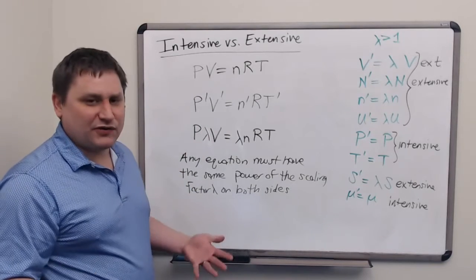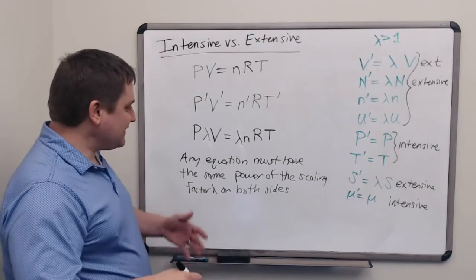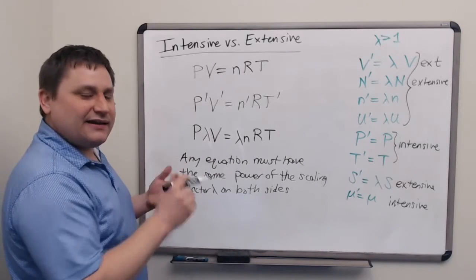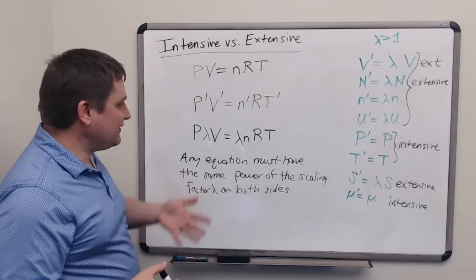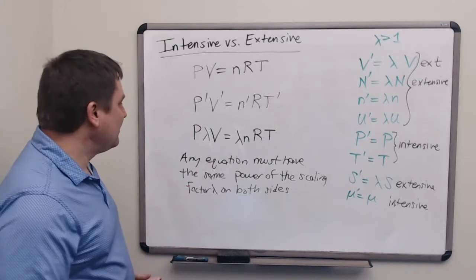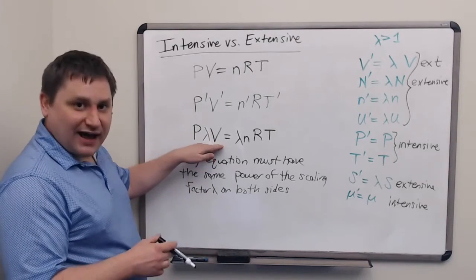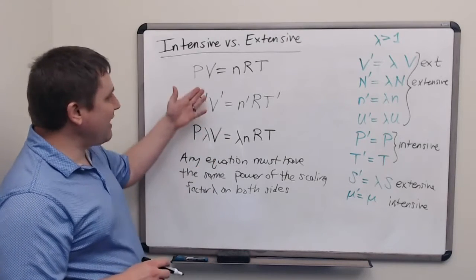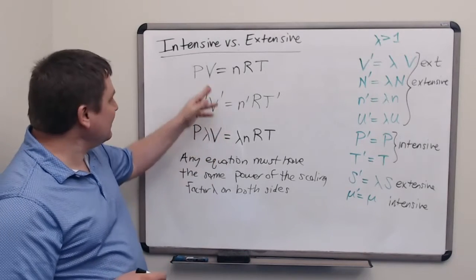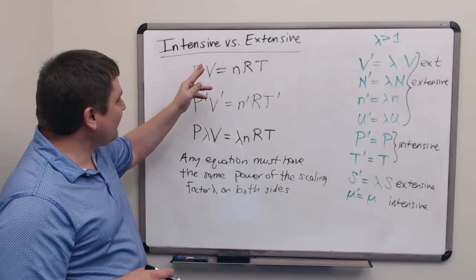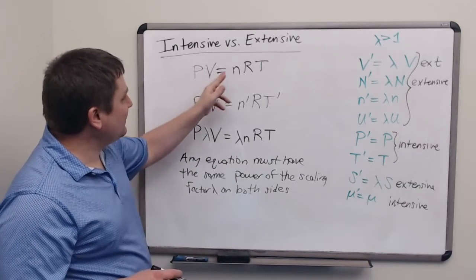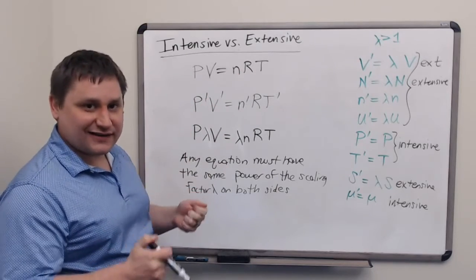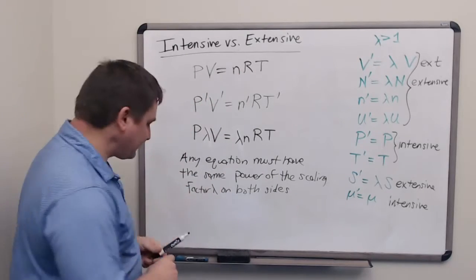So any proposed equation must have the same number of extensive quantities on each side. The intensive ones we don't really care about because they don't change when they're scaled at all. But the number of extensive quantities has to be the same on each side. So you go back and look at the ideal gas law, you'll see, well, where are the extensive quantities? It's volume and moles. So there's one of those on each side. So this equation is consistent under scaling.